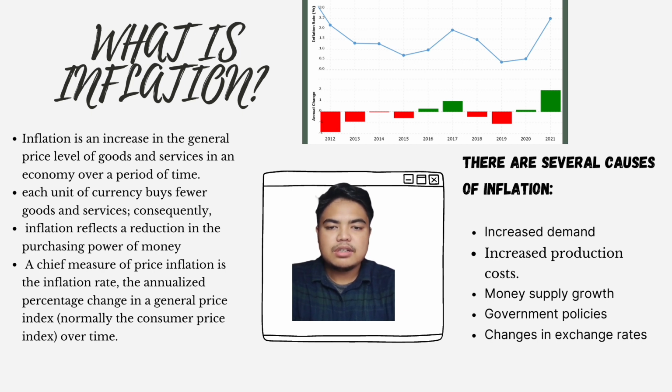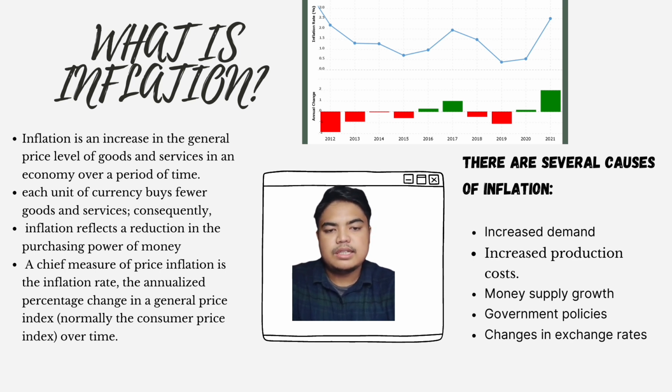There are several causes of inflation. First, increased demand. When demand for goods and services increases, businesses may increase prices to meet the demand and make a profit. Second, increased production cost.